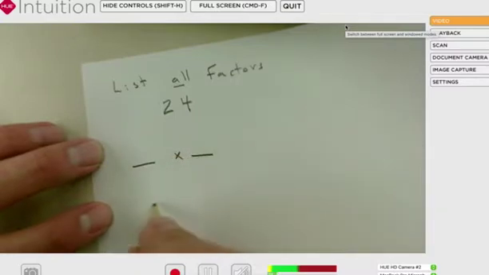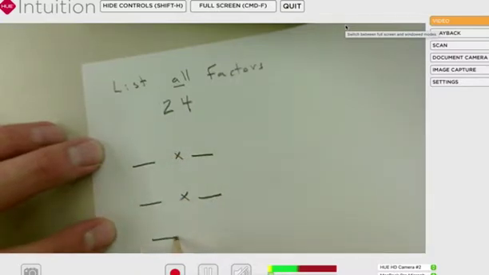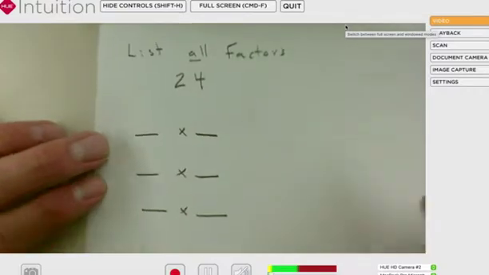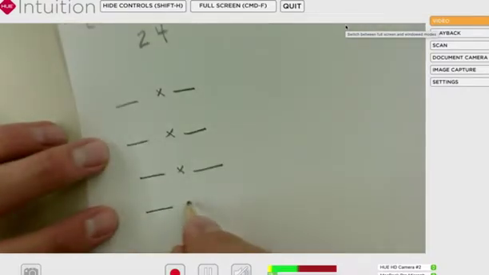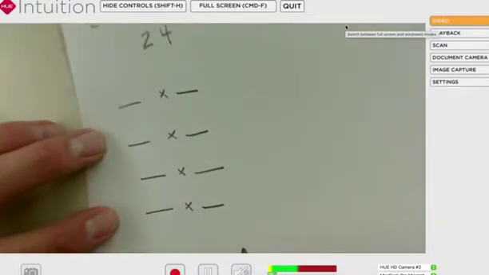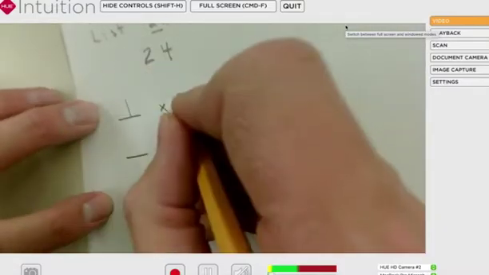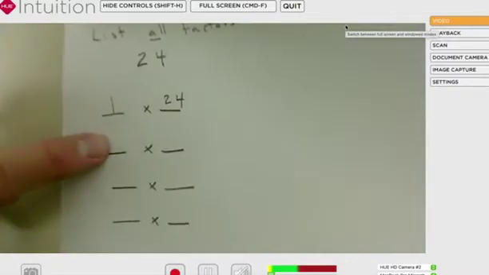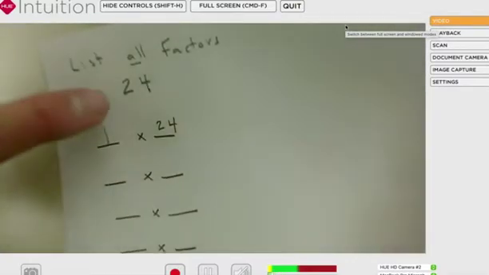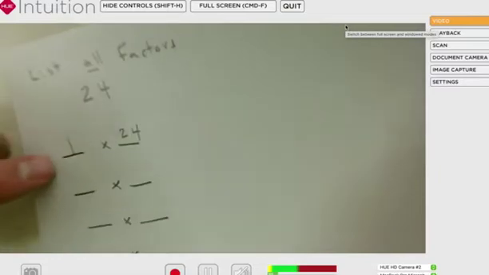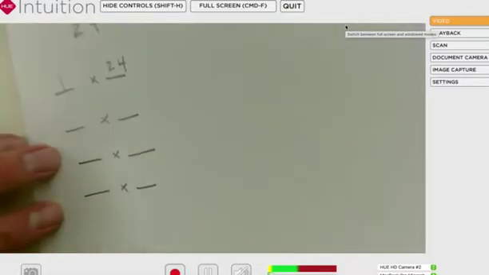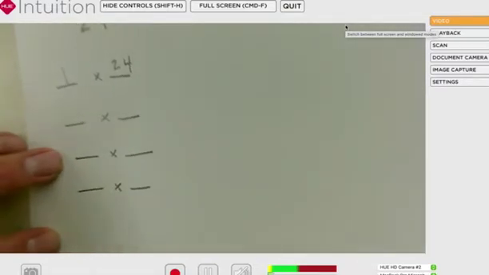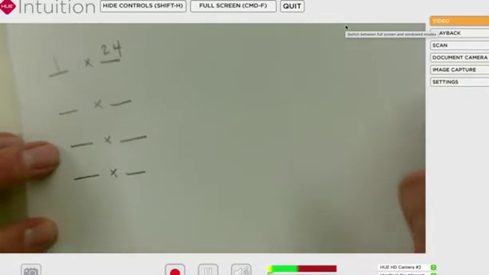Blank times blank, blank times blank, blank times blank, and blank times blank. And since I'm feeling in a particularly generous mood, I'll even give you the first one. It's 1 times 24. You find the other 3. So list all the different ways that you can get 24 other than 1 times 24, and that will list all the factors. If you really want to impress Mr. Brown, you can put them in order afterwards from least to greatest.